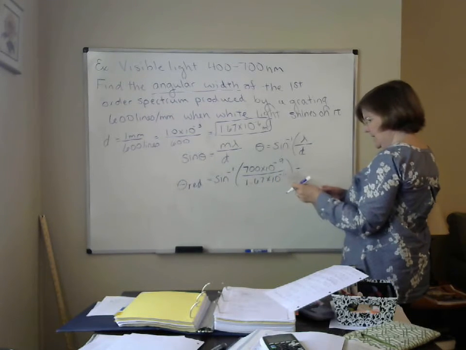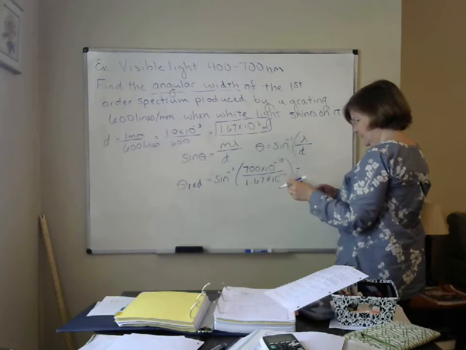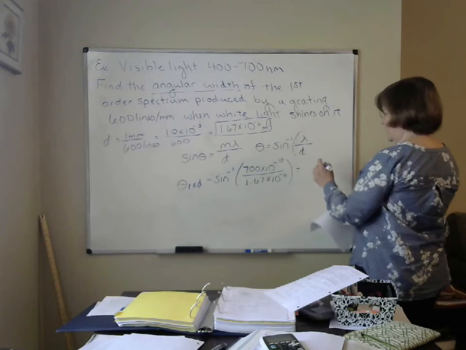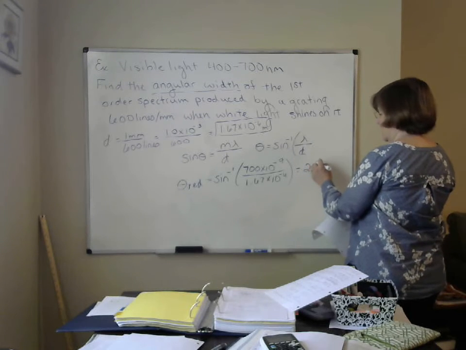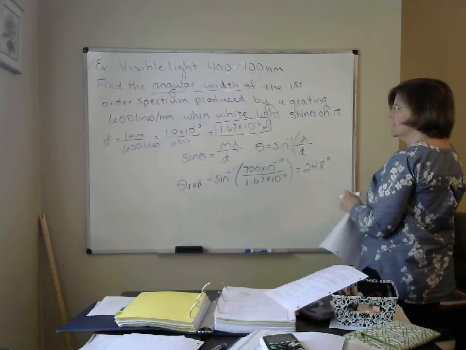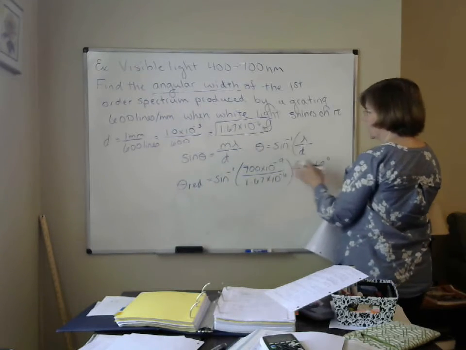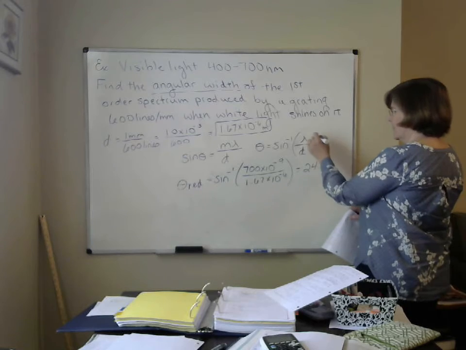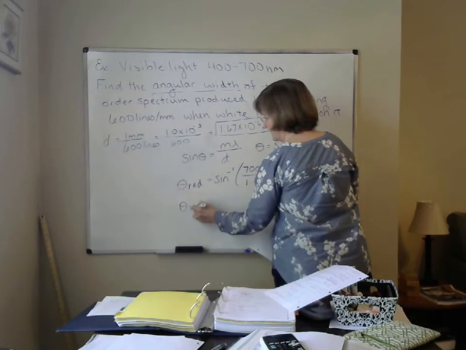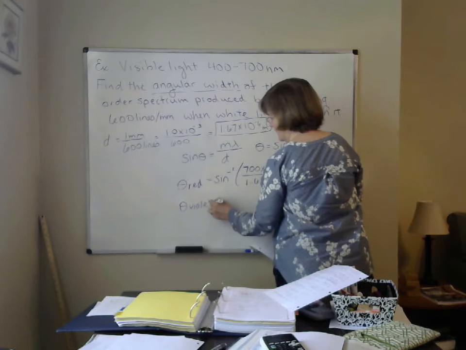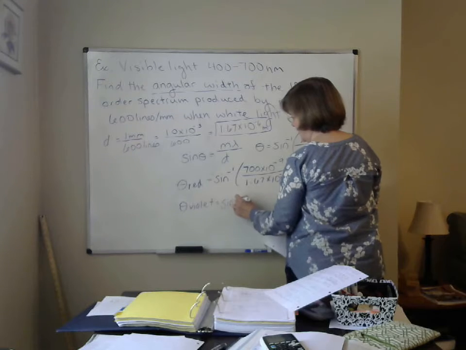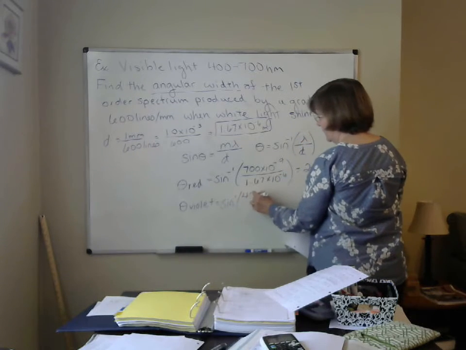And I get that angle for red light is about 24.8 degrees. Notice that the longer wavelength is going to give us a larger number, so we're going to get a larger angle. If I do the same thing for violet, it's exactly the same, only now I have 400 nanometers.